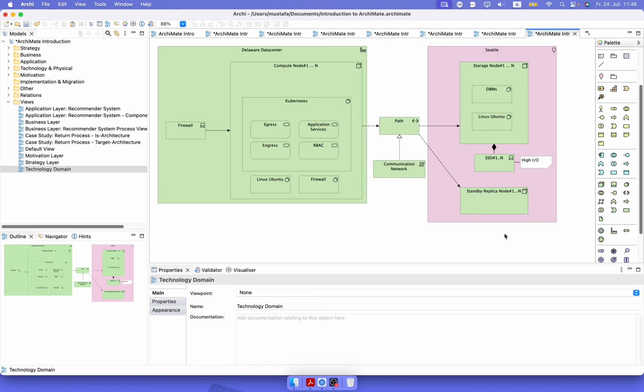So this integrates well with our ADM from TOGAF, in which we start with motivation, strategy, business architecture, application architecture, and technology architecture. So you can see now how this fits well with the ADM process using the ArchiMate notations, which is quite versatile, that supports many ways to model the architectures and different meanings and interpretations of each notation.